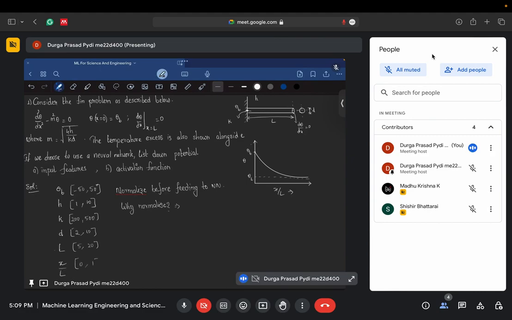If you see, each of these inputs has a different scale at which it ranges. So now if I feed these directly into the neural network, what would happen?